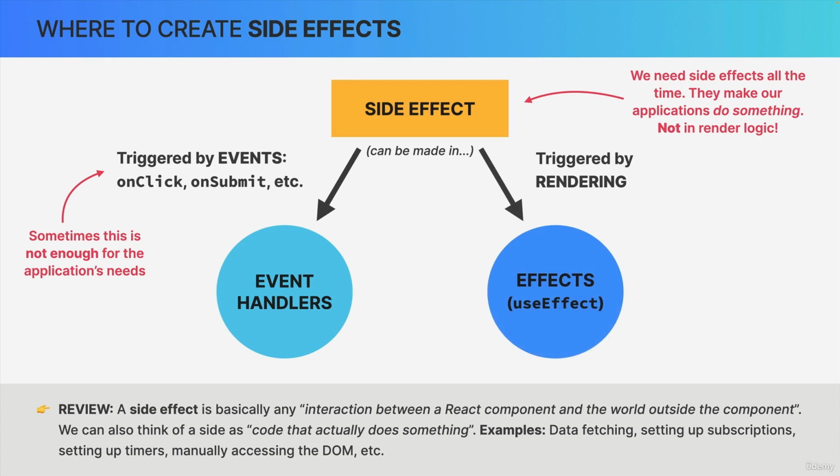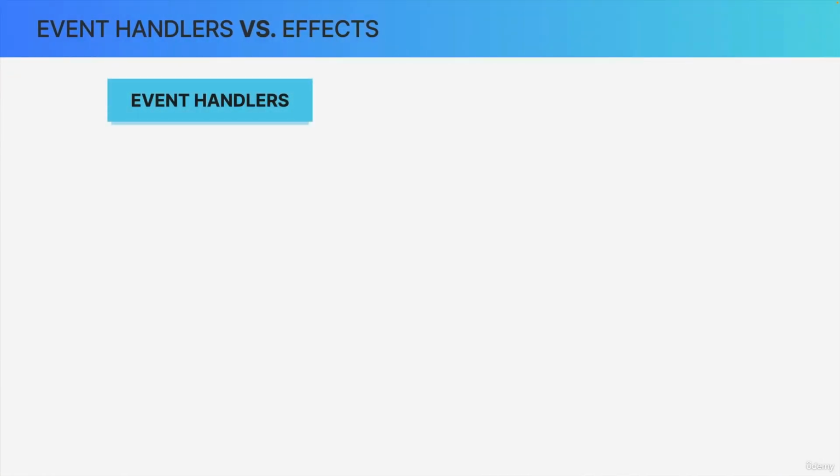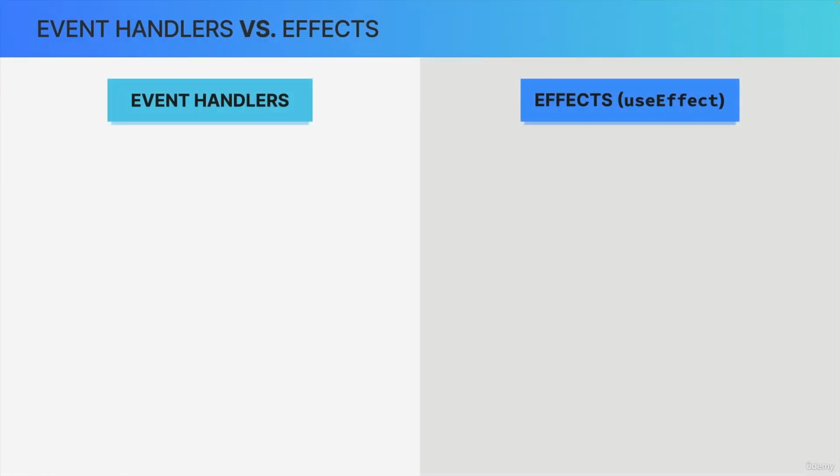So by creating an effect, we can basically write code that will run at different moments of a component instance lifecycle. So when the component mounts, when it re-renders, or even when it unmounts. And this is really great because it opens up a whole new door of possibilities. Okay, but let's now get just a bit deeper into how effects work by comparing event handlers to effects created with the useEffect hook.